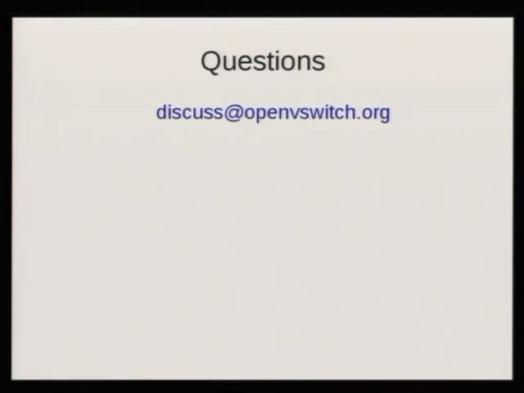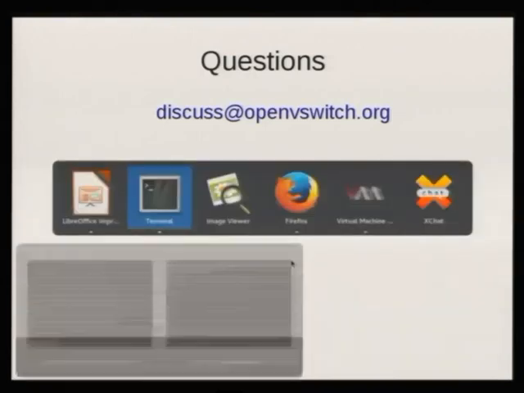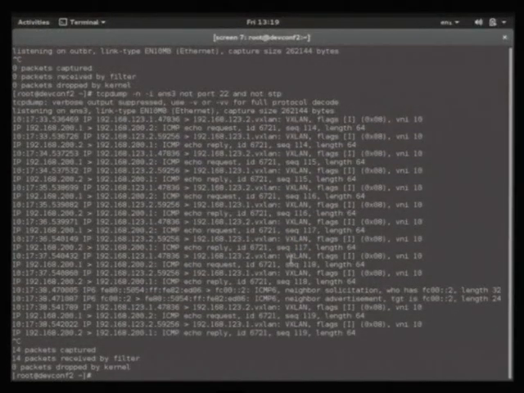You were saying no STP. Did you put STP? Yeah, because the Linux bridge is using STP. I didn't want to show it up. I wanted to make it clear that we had the ICMP packets here. Didn't want STP packets to show up and make it confusing. Where's the Linux bridge?